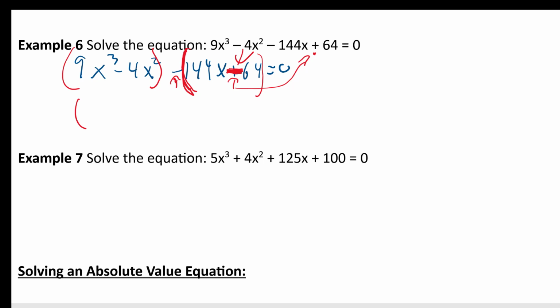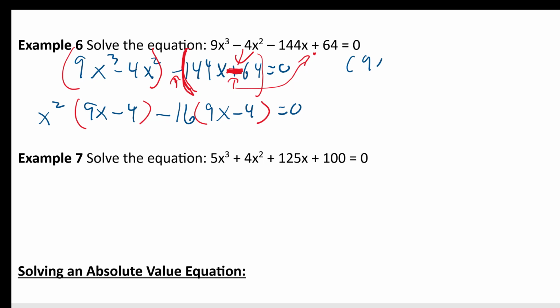Okay, so continuing on with this. Out of the first pair, I can pull an x squared. And I have 9x minus 4. Out of the second pair, I think I could pull out a 16 to give me 9x minus 4. So 9x minus 4 is a repeated factor.